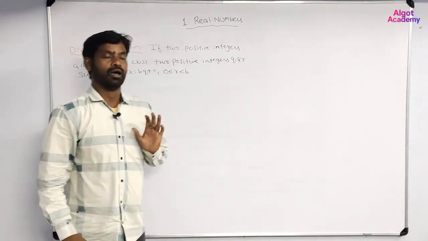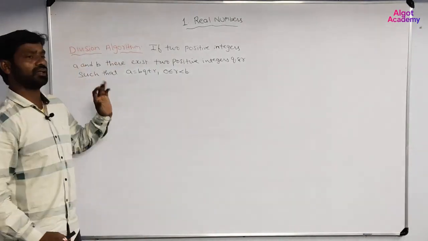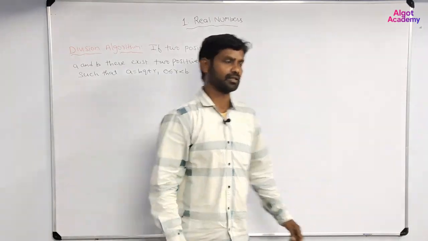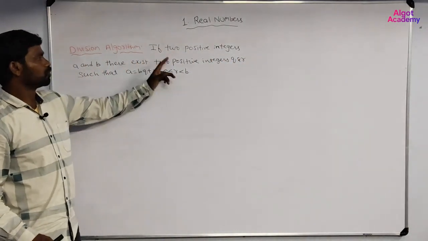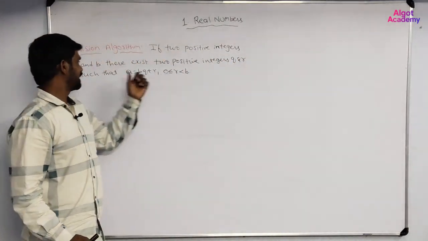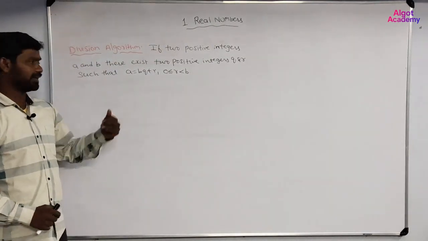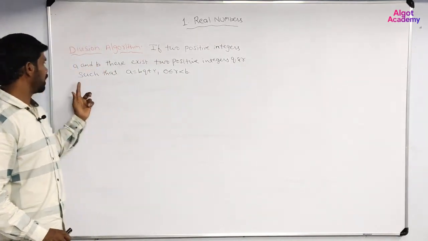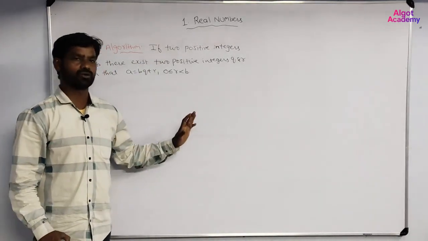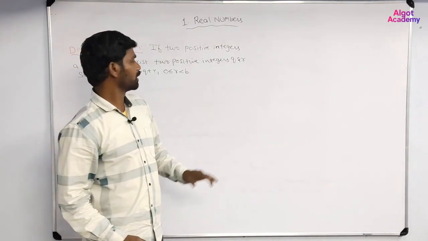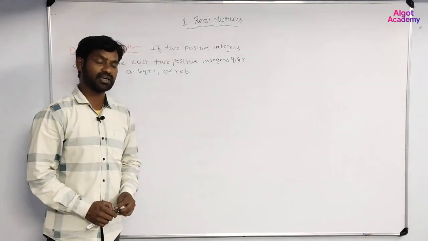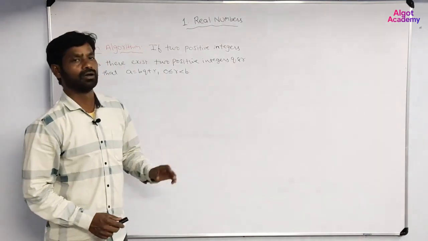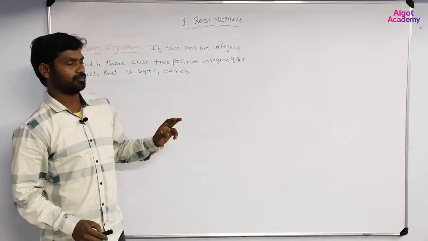Next is the division algorithm. The definition of the division algorithm is: if two positive integers a and b are given, then there exist two more positive integers q and r such that a is equal to bq plus r, where 0 is less than or equal to r less than b. So this is the definition of the division algorithm.